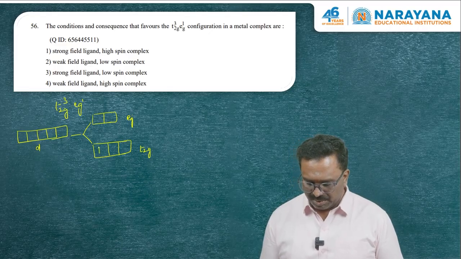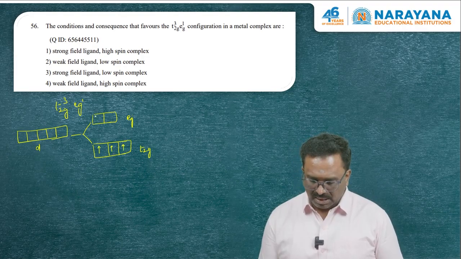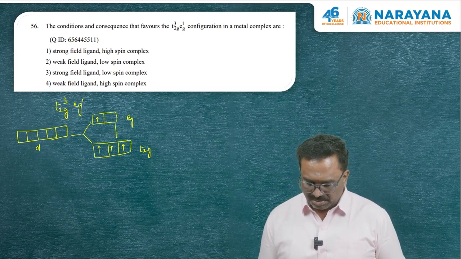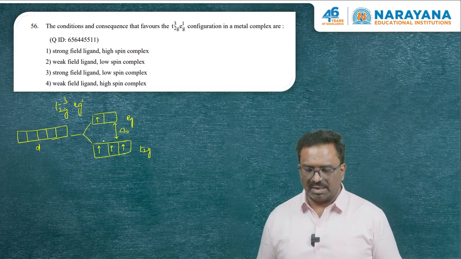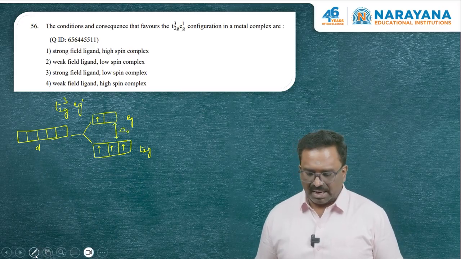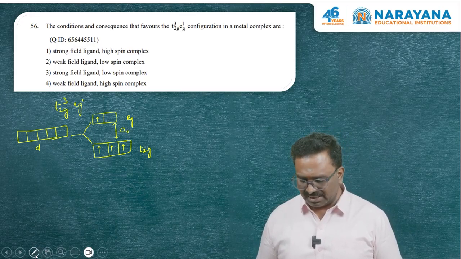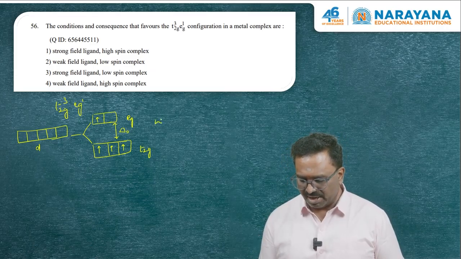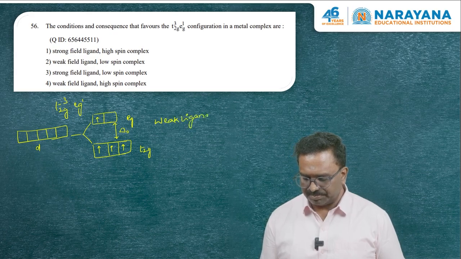Now, if the distribution of electrons takes place as t2g3 and eg1, this distribution is possible if the splitting energy, what we call delta O for the octahedral, is less. Less splitting energy is usually favored in case of weak ligand field.